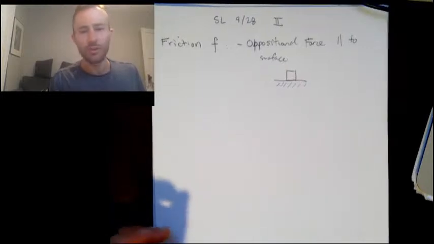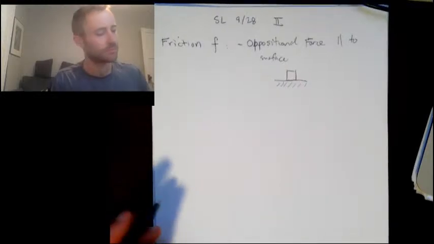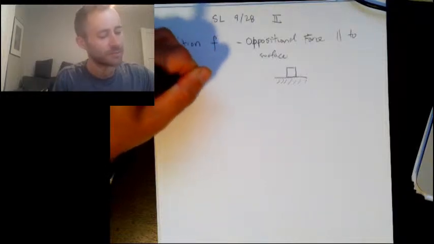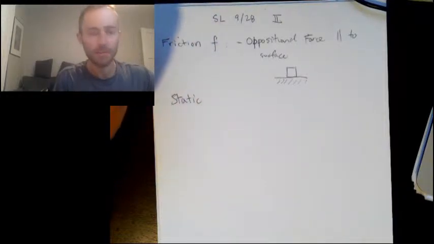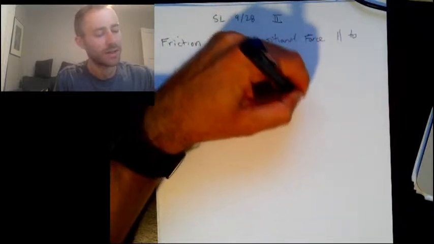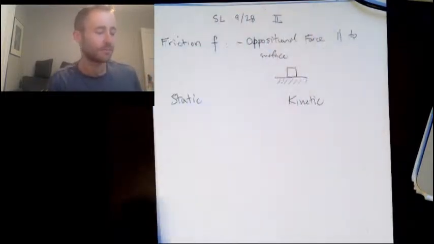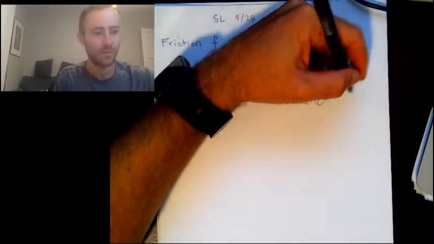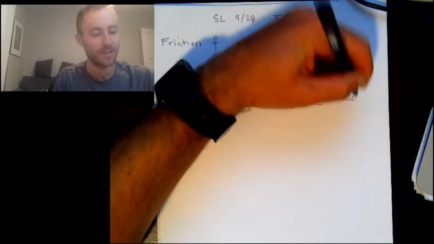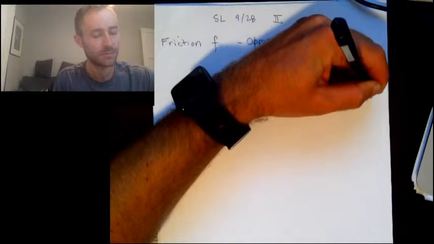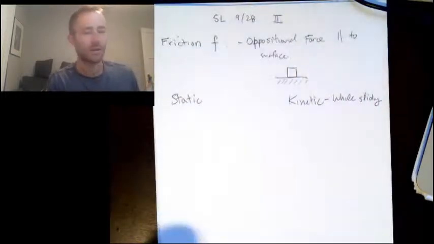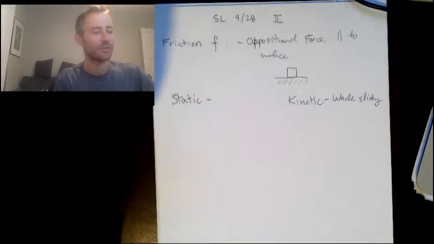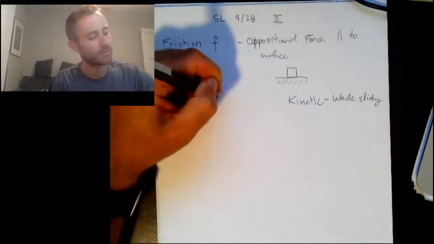There are two types of friction. There is static friction, okay, and there is kinetic friction. Kinetic friction is the friction that you have while something is sliding. Okay? Static friction is the friction that you get before sliding.